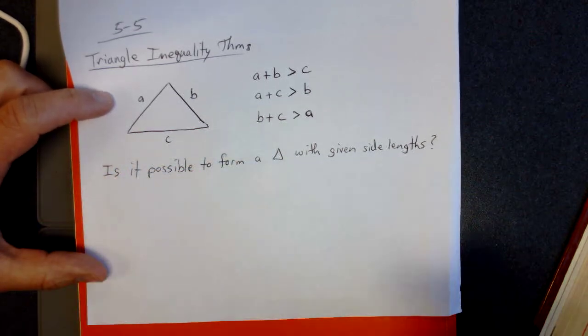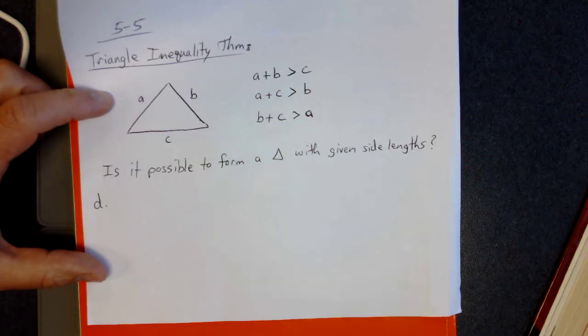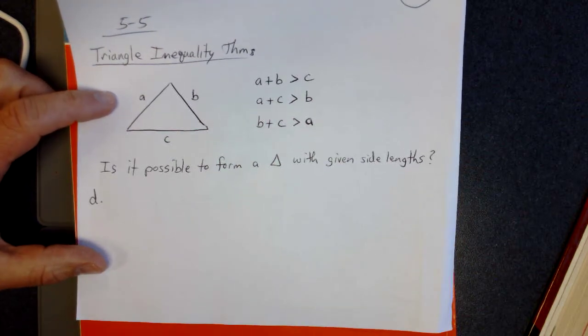And then they're going to give us, let's see, we're on letter D, they're going to give us 3 lengths for the sides of the triangle. So let's do this one.